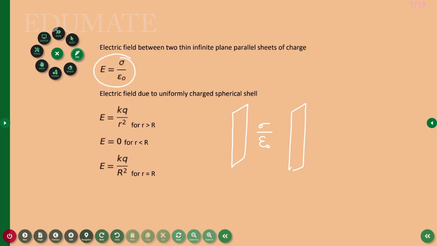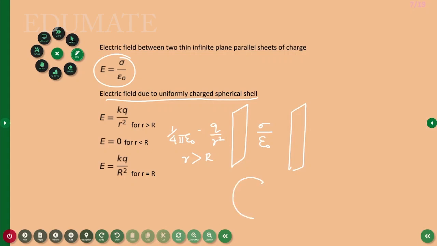Then the electric field intensity due to a uniformly charged spherical shell can be calculated using the equation E is equal to KQ by r square. Here K is equal to 1 by 4 pi epsilon 0 into Q by r square, where r is greater than capital R. What is the meaning of it?